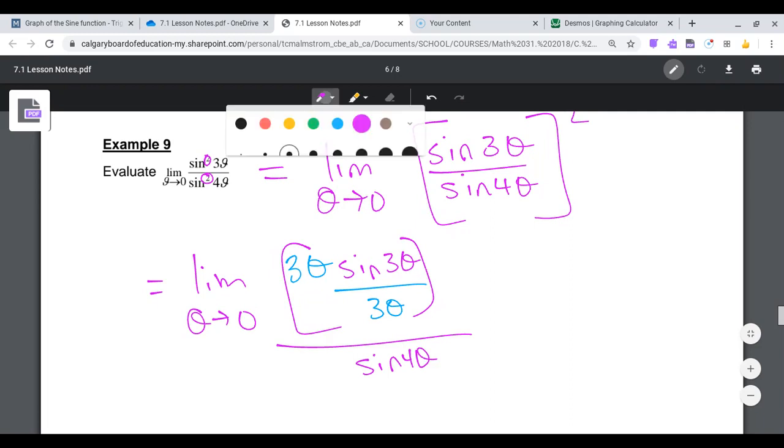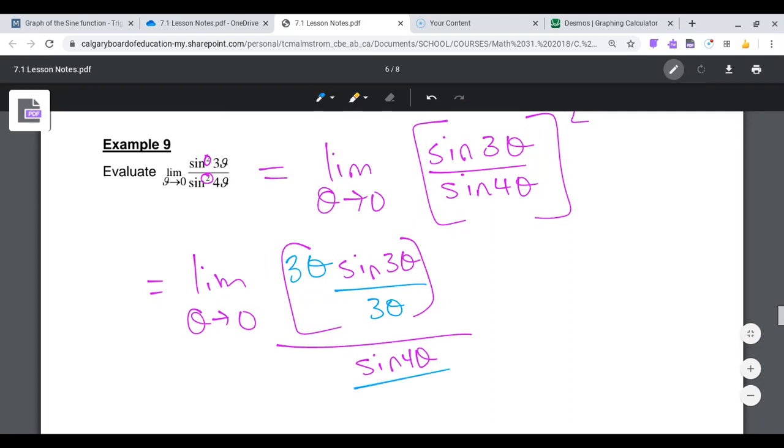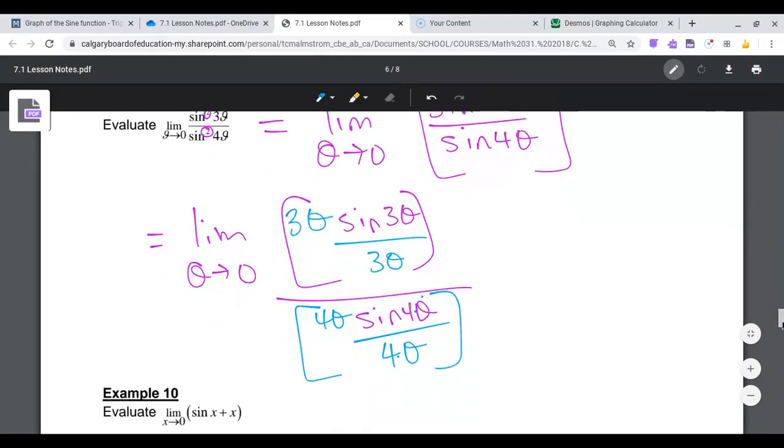Again, in order to get to my fundamental trig limit, it's going to need a 4 theta on the bottom to get those two pieces to match, but I'll need a 4 theta at the top in order to keep my expression the same. And then this whole thing has been squared.